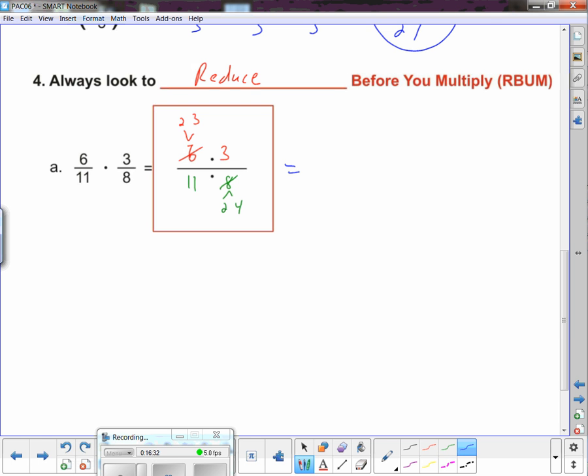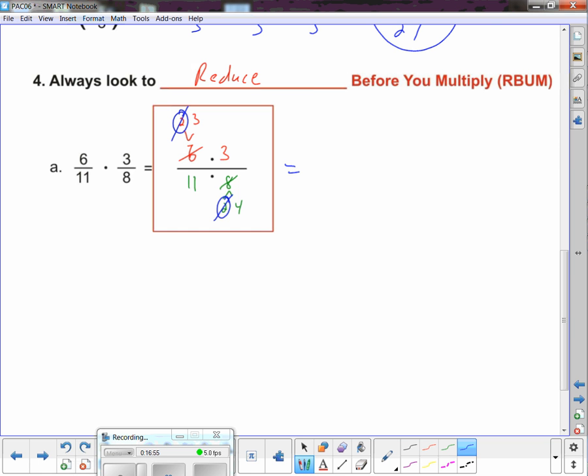So I'll use my blue here. This top 2 divided by this bottom 2, they divide out. I could further factor the 4, but do I want to? It'll waste my time because are there any other 2's left on the top? No. So what does it matter? I'll just leave it as a 4.